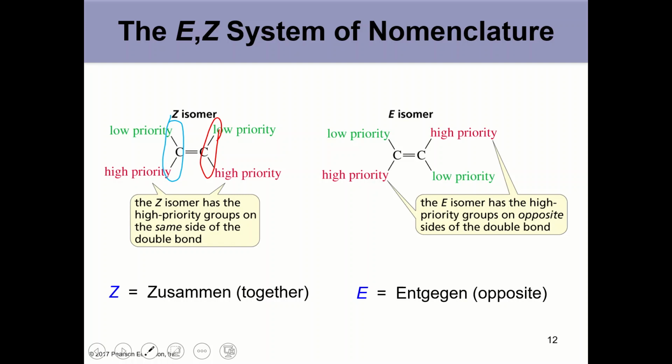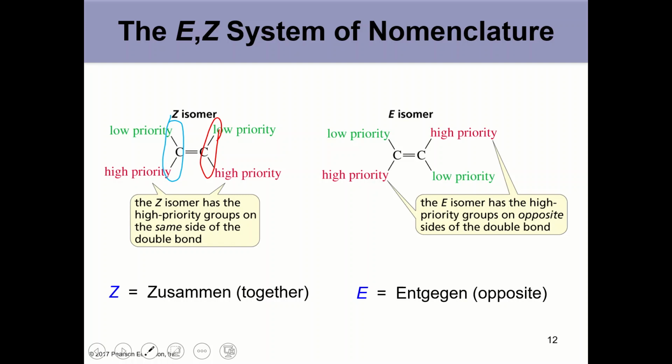But what you will see is that these terms are interchangeable with cis-trans, because a cis-trans molecule can also be rated according to the EZ rules. We can take a vinyl carbon in a cis molecule and rate the high priority and the low priority group, and these terms will apply.